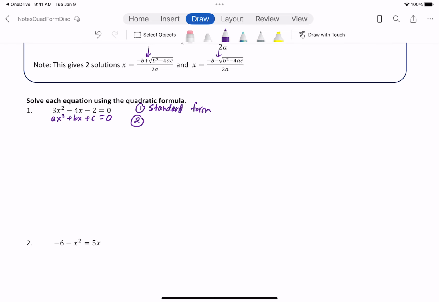So as long as that's true, we're going to determine a, b, and c.